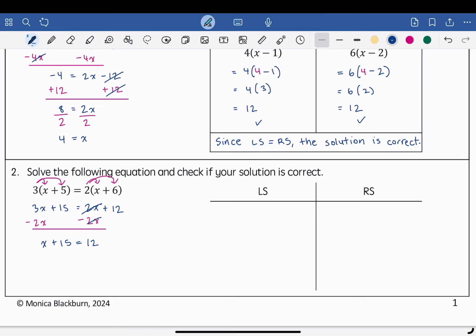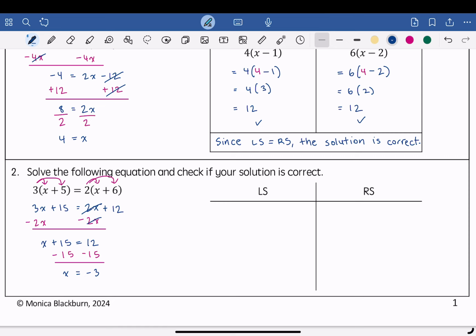And now I'm going to move the constant 15 to eliminate it from the left side and put it on the right side. Hence, x is equal to 12 minus 15, which is negative 3. So we have now solved for x.